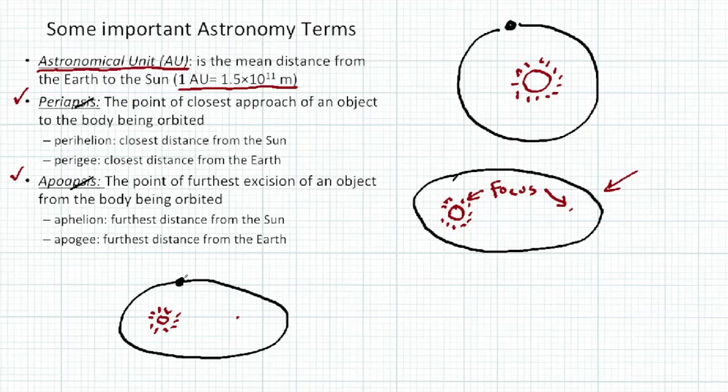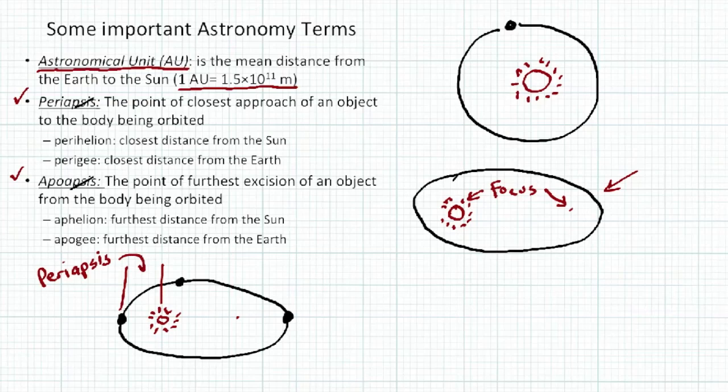You can see clearly that at some point it's going to be very close to the Sun, and at another point it's going to be very far away from the Sun. These are the two locations that these terms refer to. Periapsis means, or peri anything means, the closest approach. So from here to here, we're going to call that the periapsis.